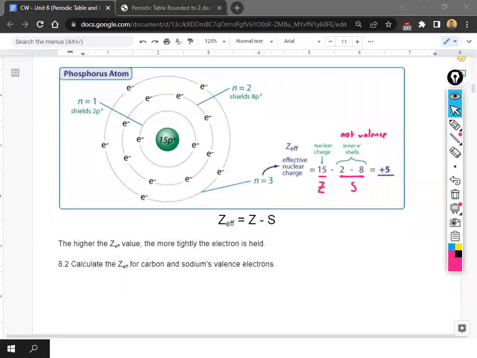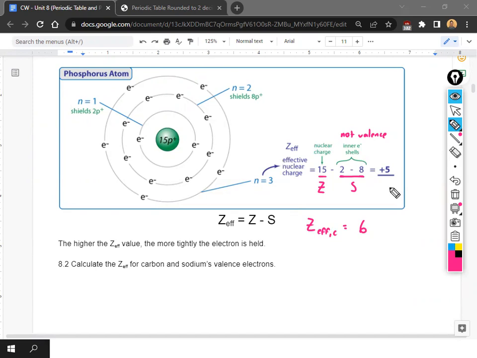All right, guys, so let's calculate it for carbon and sodium's valence electrons. We just have to use this equation right here. Zeff is Z minus S. So let's do it for carbon. We're going to start with the protons. How many protons does carbon have? 6. Okay, and if you take a look at carbon on the periodic table, it has 2 shells, right?